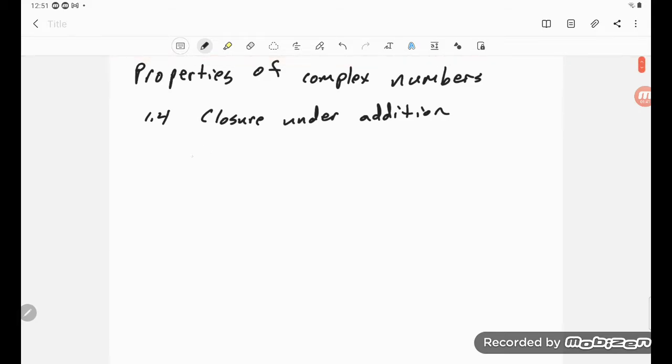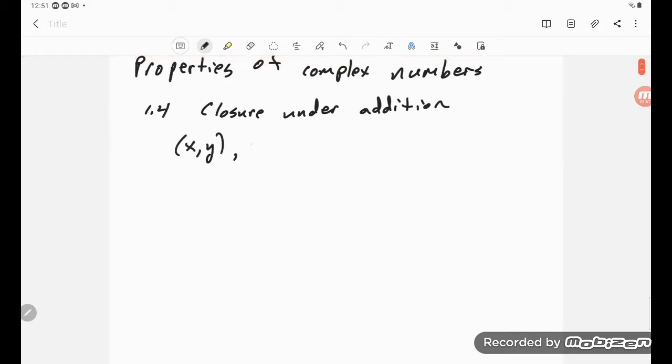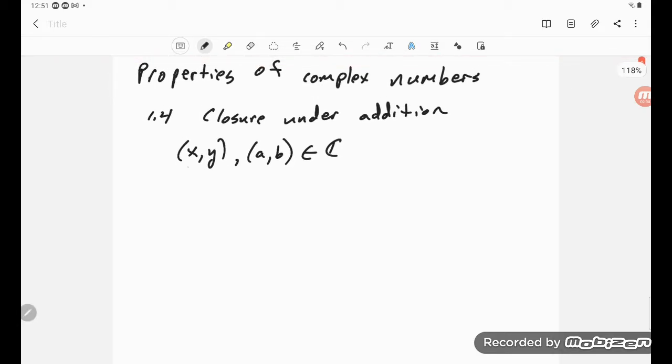Well, certainly, because remember, a complex number is simply an ordered pair like this, or like this in AB. So if they're elements of the complex numbers, then it says so is the addition. So, x, y plus AB is also an element of the complex numbers.